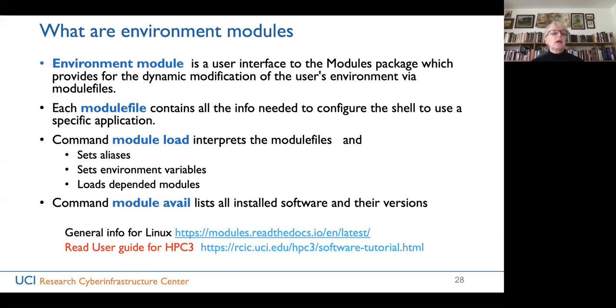When you execute the command module avail, it lists all the software that we installed on the cluster, including their versions and sometimes including what compiler it was built with. If you are interested in general information for Linux about modules, take a look at the first link, and we highly recommend that everyone please read our user guide, which provides a software tutorial and the use of modules.